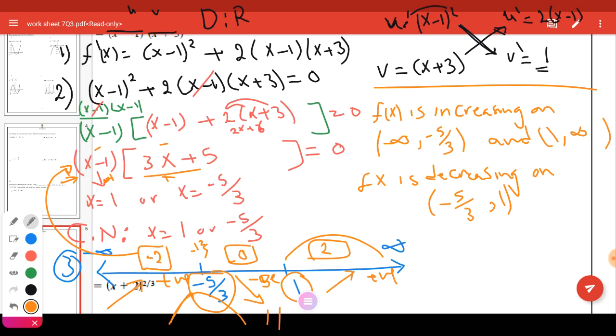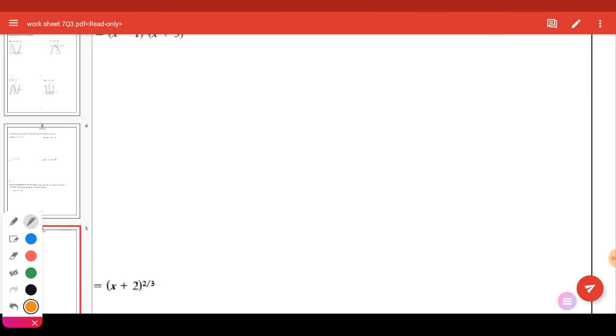And here, decrease, then become increase. Here it has a relative maximum, and here it has a relative minimum.